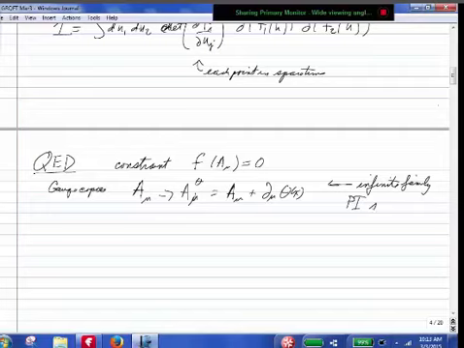But this is a big infinite family. When you're doing the path integral, you sum over all possible A's. All of the A's that are related by this give you exactly the same result in the path integral. So the path integral is the same for each of them.